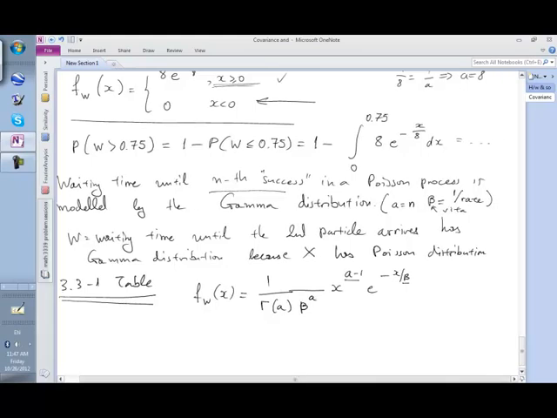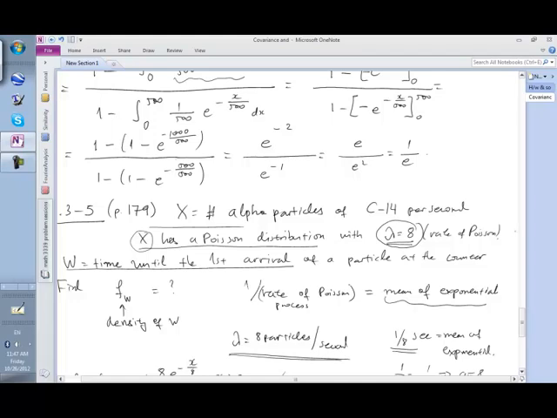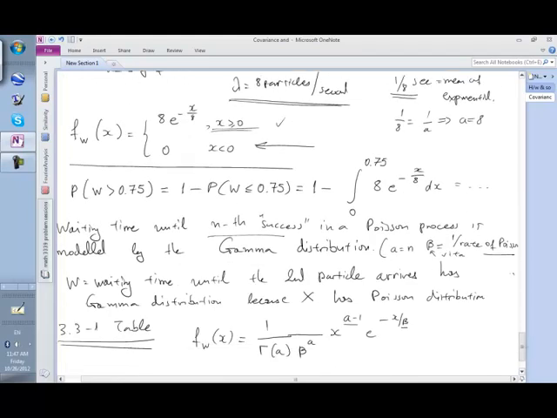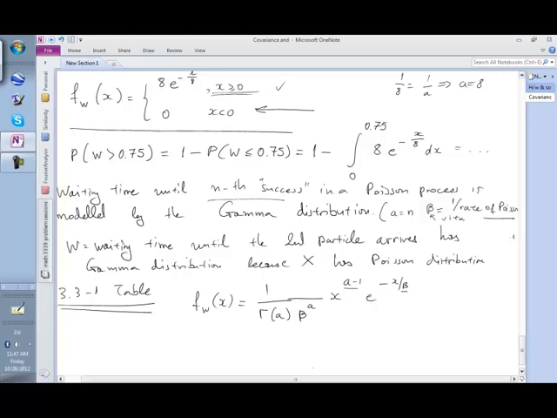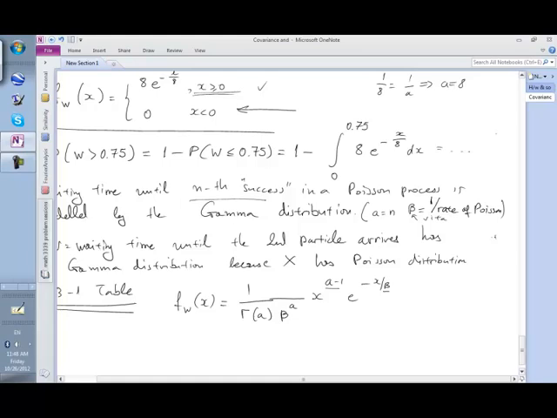Let me write it here properly: beta should be 1 over the rate of the Poisson.